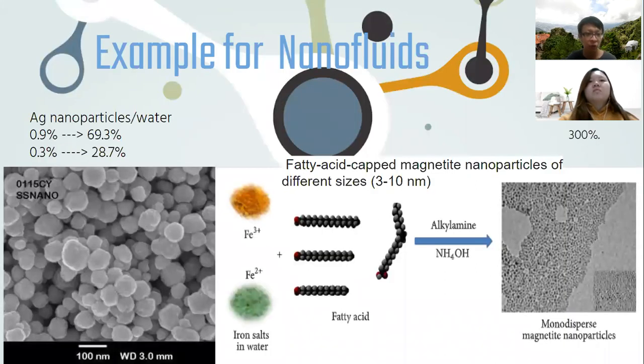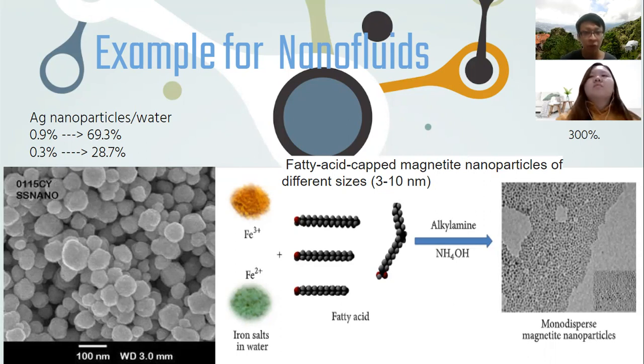Examples of nanofluids used are silver nanoparticles and fatty acid capped nanoparticles. By just adding 0.9 weight% of silver nanoparticles in water, it can increase the thermal transmission efficiency of water by 69.3%. And fatty acid capped nanoparticles are much more impressive, as they can increase the thermal transmission efficiency of the base fluid by 300%.